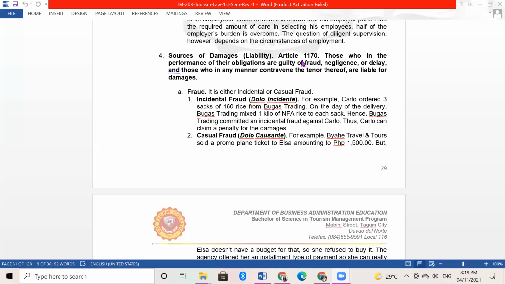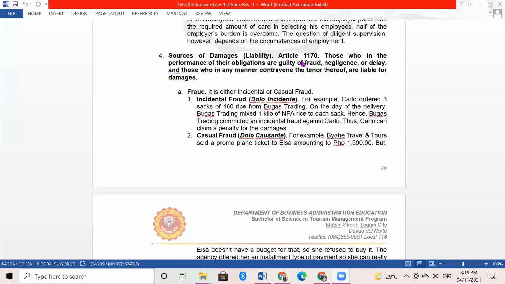The creditor goes to court to fix the period within which the debtor will perform the obligation. Second, extrajuridical demand. The creditor writes a demand letter or demands orally.